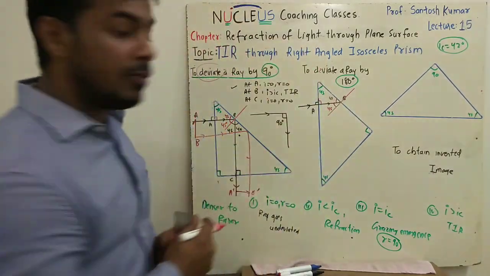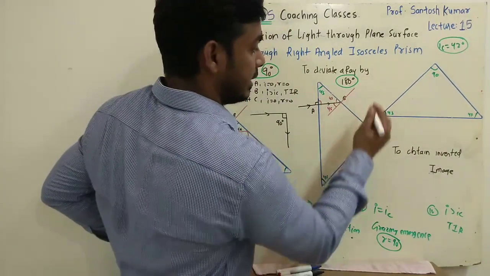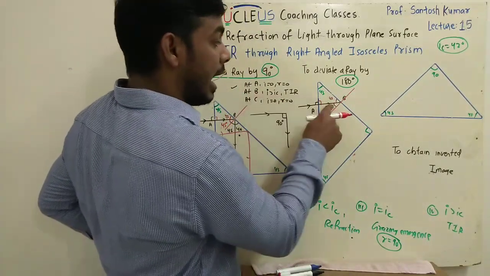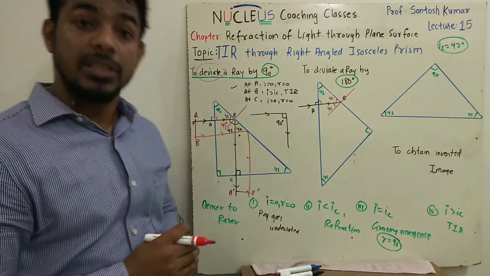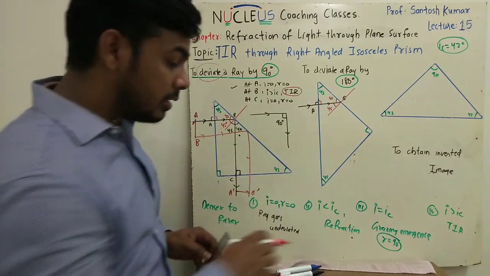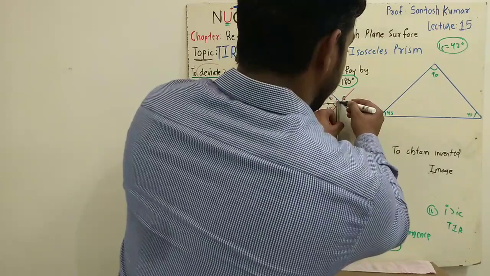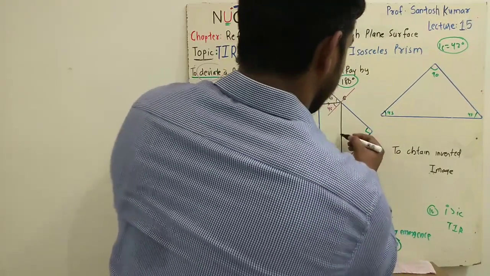So at B, I is equal to 45, which is more than critical. So definitely what will take place? Total internal reflection will take place.